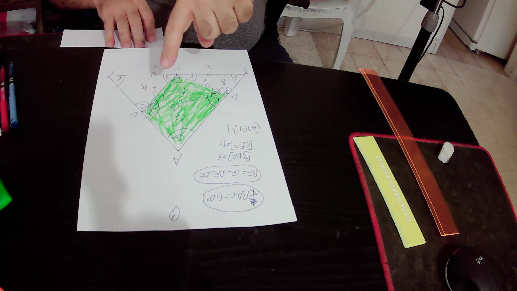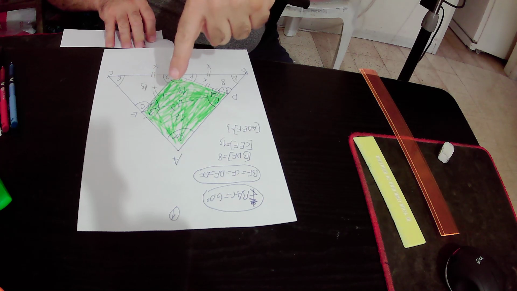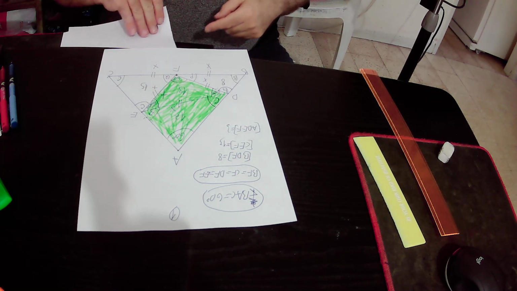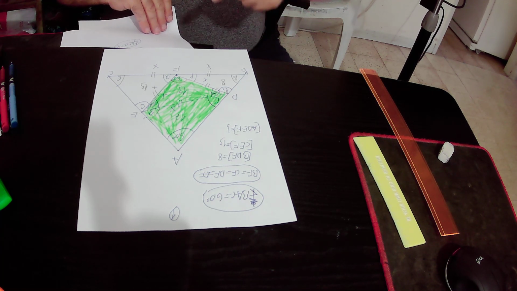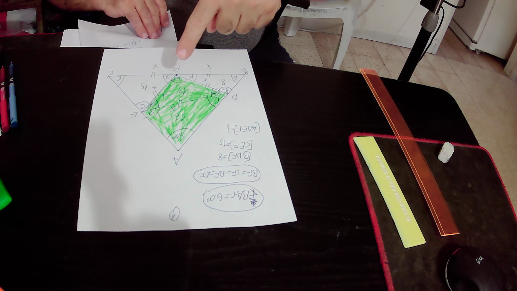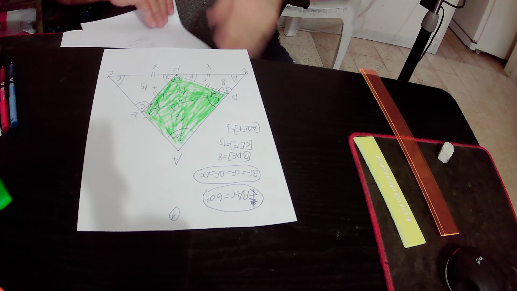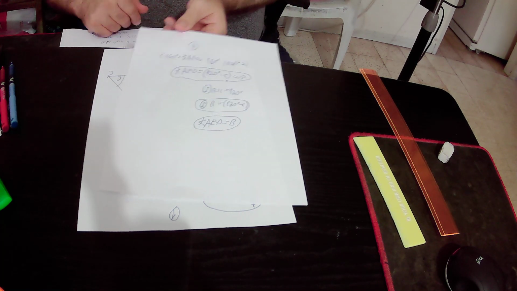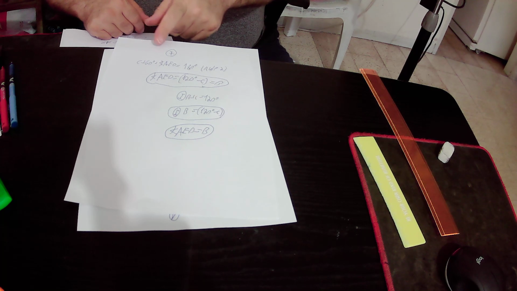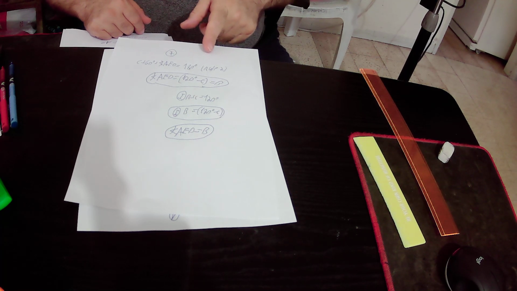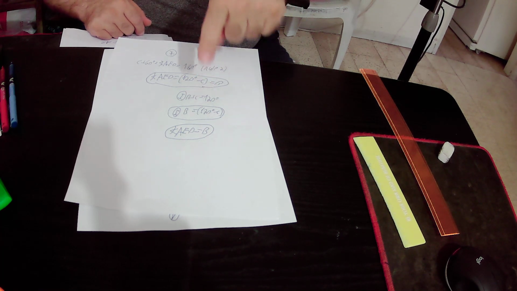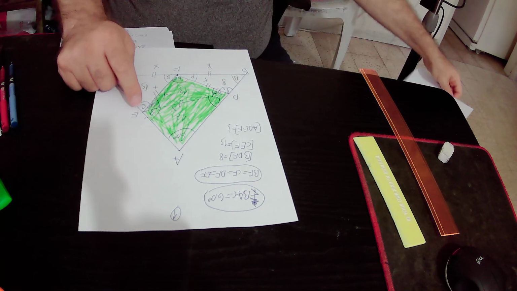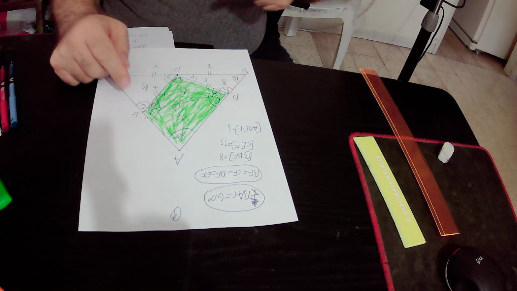So if we focus on point E, C plus 60 degrees plus angle AED must be equal to 180 degrees according to rule number 2. From this equation we found out that angle AED equals B. So this angle AED equals B and angle ADE equals C.